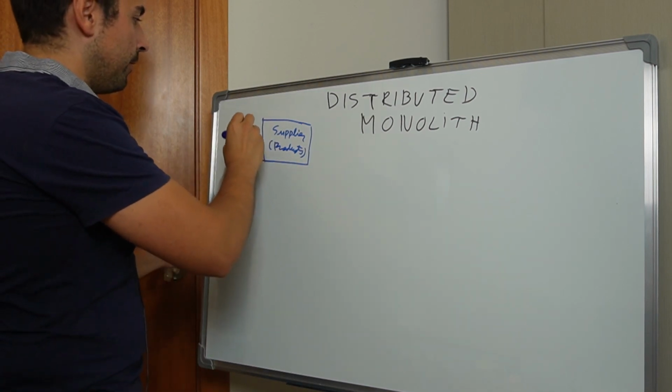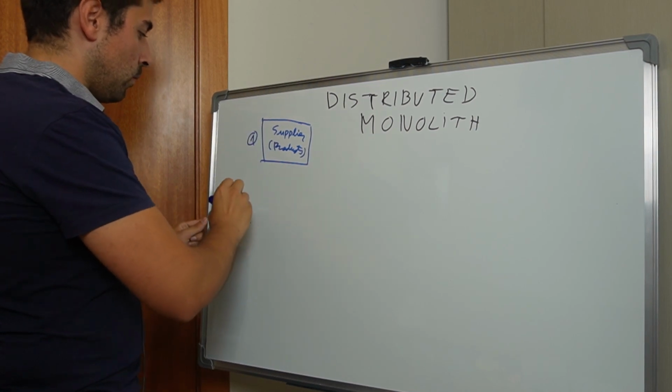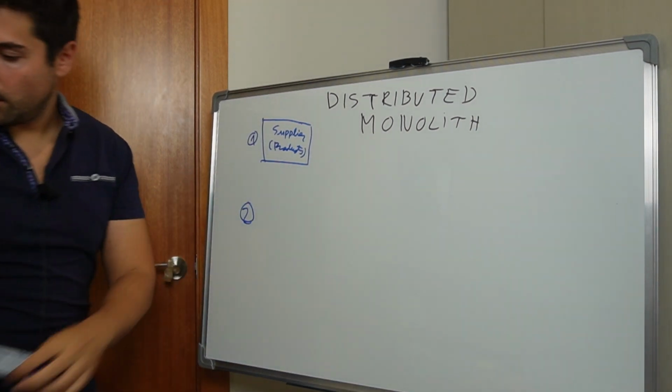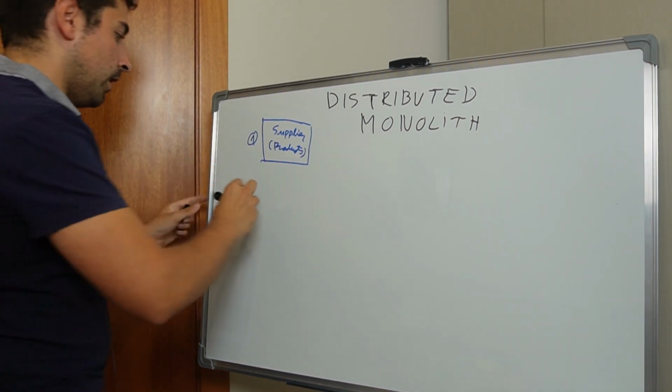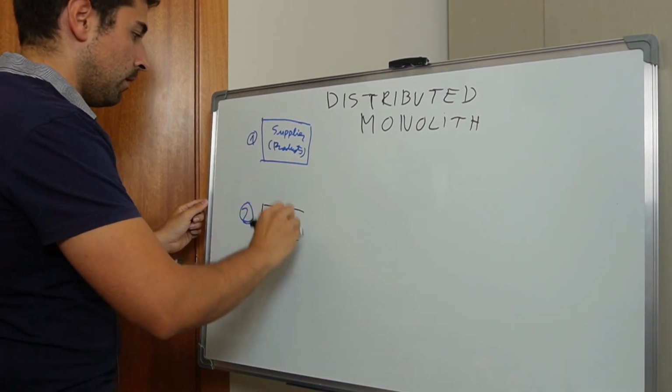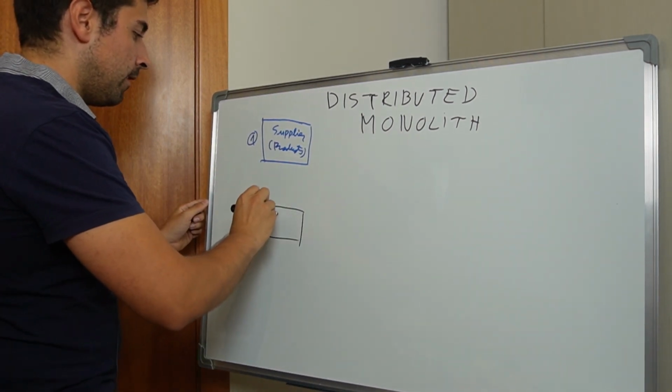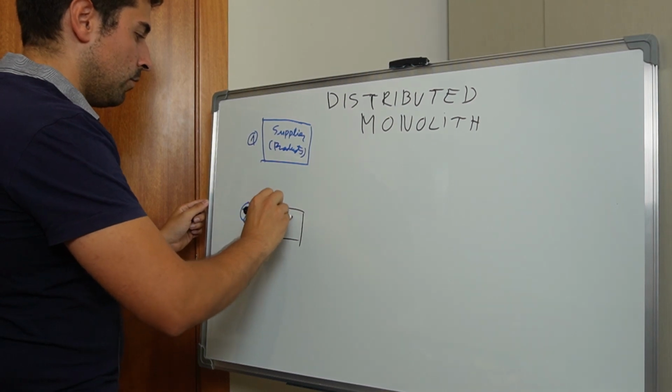So we have the first guy and we have another guy here, Supplier 2, and he's sending products as well.